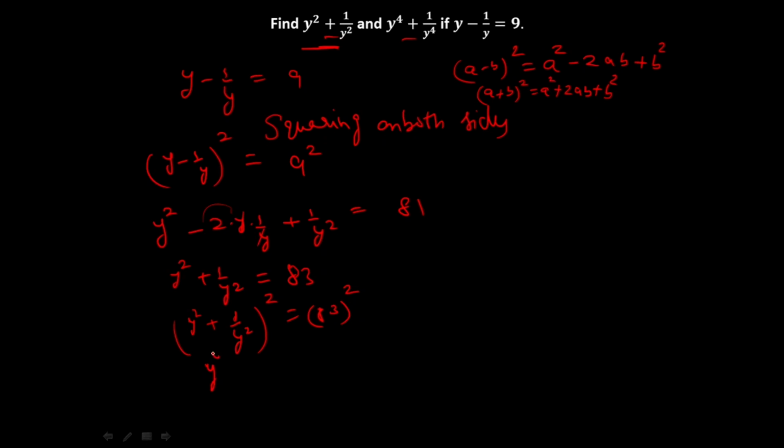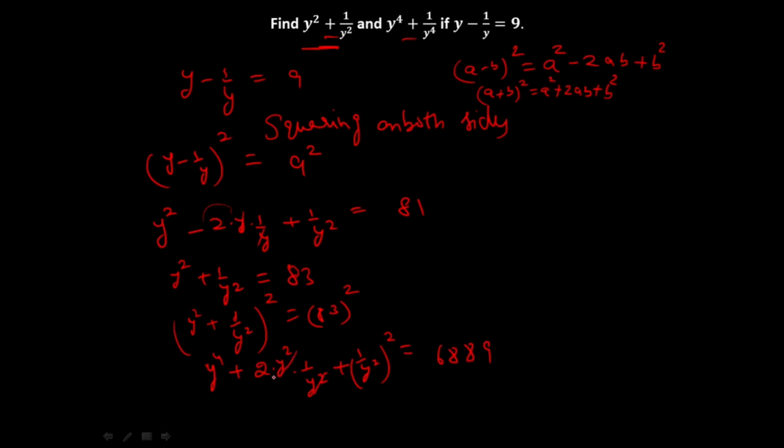So that becomes y power 4 plus 2 times a times b, the formula, plus b square equal to 83 square. 83 square will be, I guess, 6889. Okay, fine. Now that got cancelled.